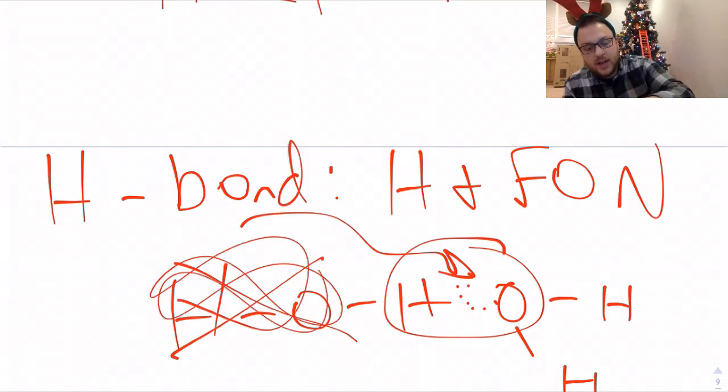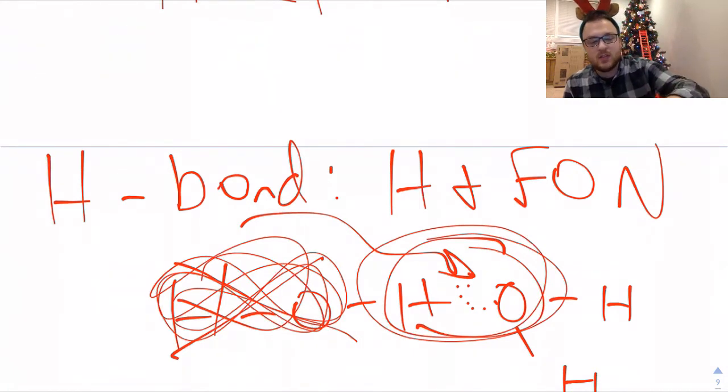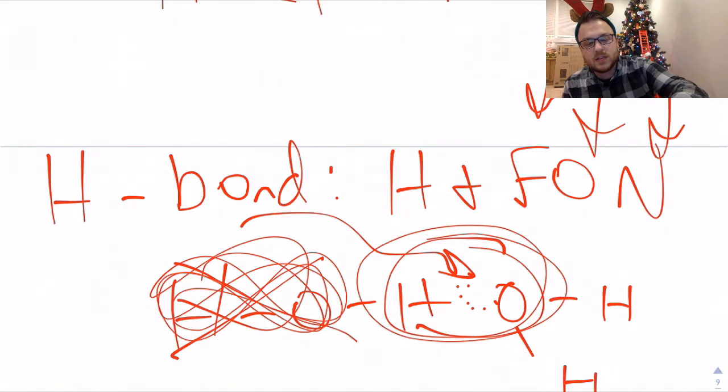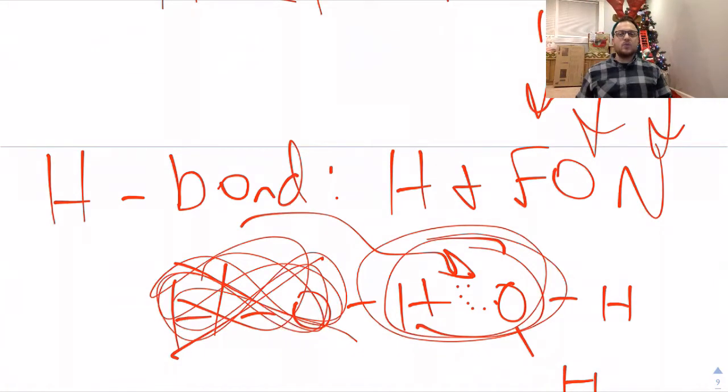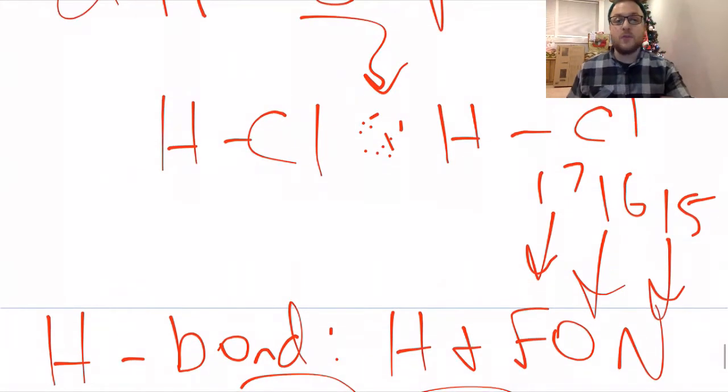So it's exactly like dipole. It's just a special, unusually strong case of dipole where if all else is equal, meaning if H were bonded to any other elements in these groups, so 15, 16, or 17, you would notice that for whatever reason, meaning because of hydrogen bonding, an HN IMF will have a higher boiling point than an HP.